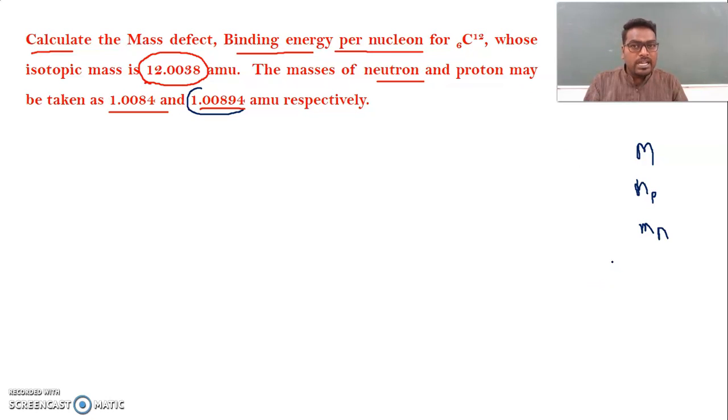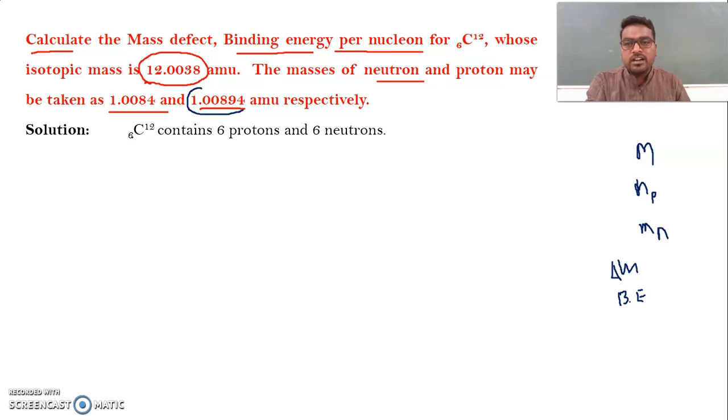So we have to calculate the mass defect, that is delta M, and binding energy per nucleon. Before going to solve any numerical problem, you must be clear about what is given in the problem and what we have to identify. So this can be solved as follows.